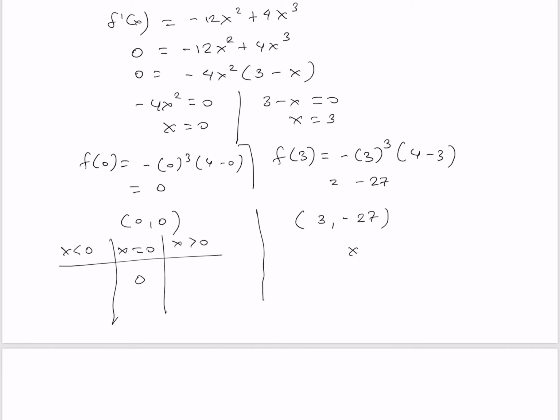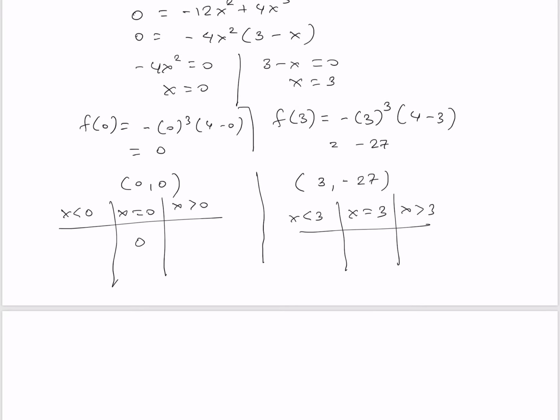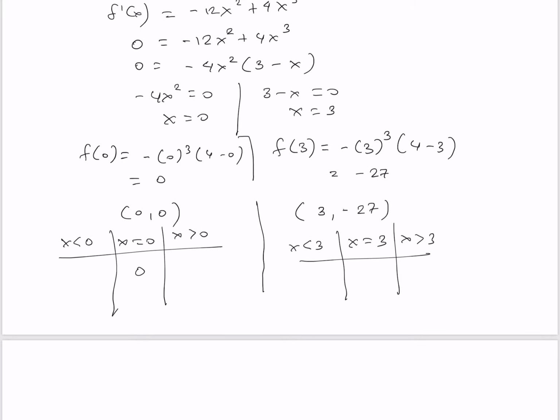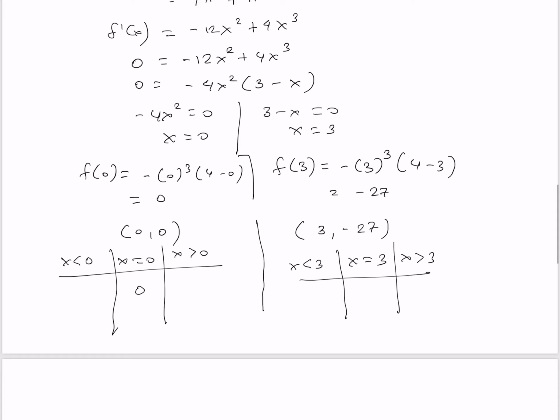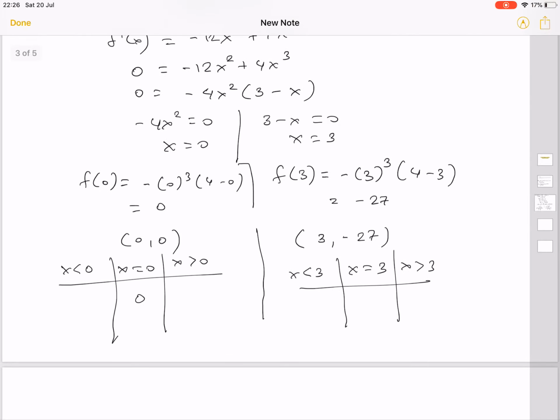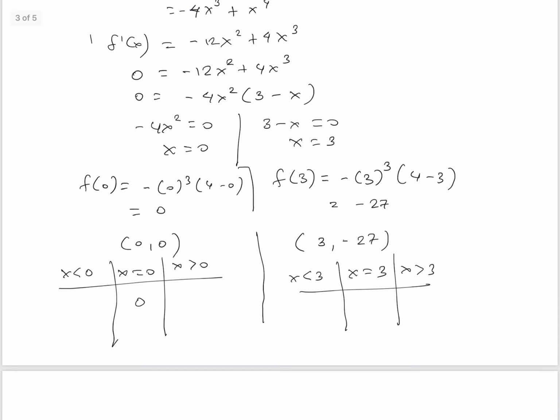The other one, we have x is equal to 3, so we check x less than 3 and x more than 3. Okay, let's find out. In finding the nature of that point, we have to use the derivative, so we are going to use this equation.